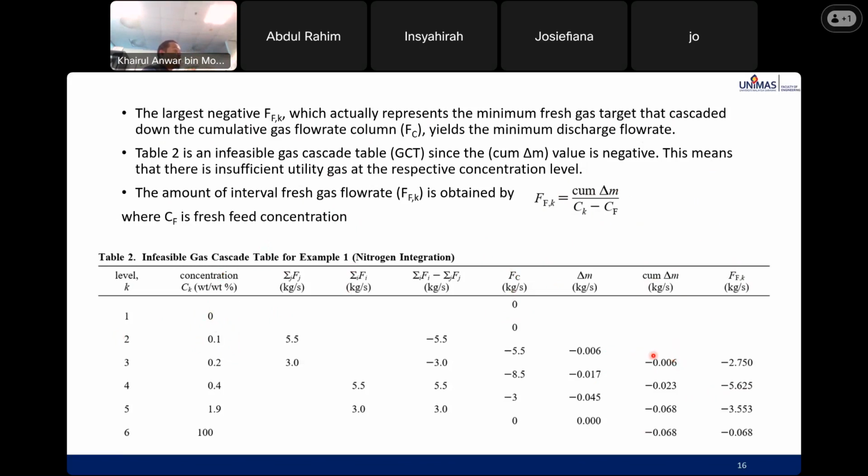So how to calculate? For example, 0.06 divided by 0.2, for example here.